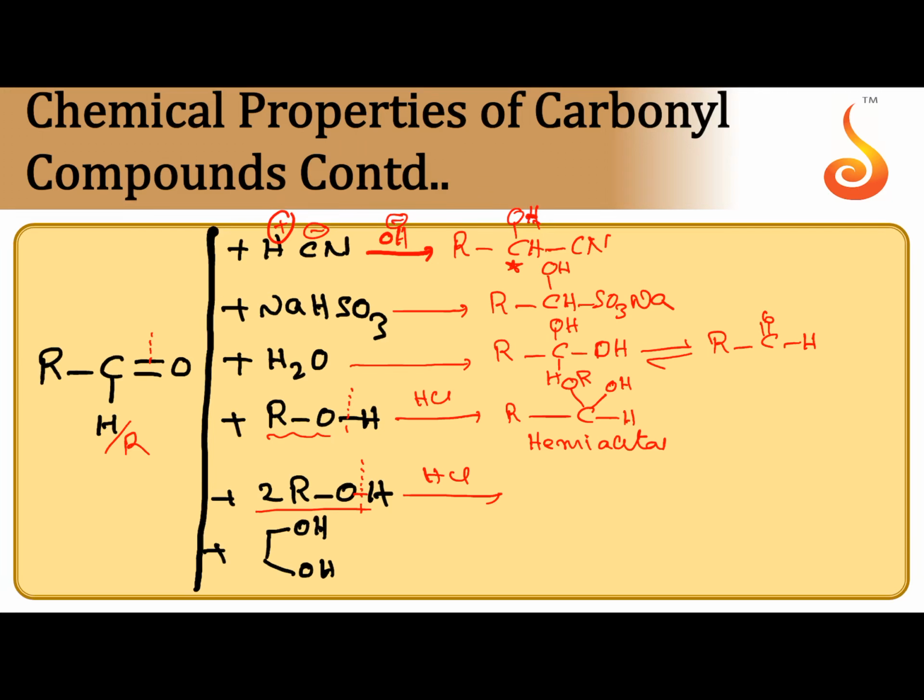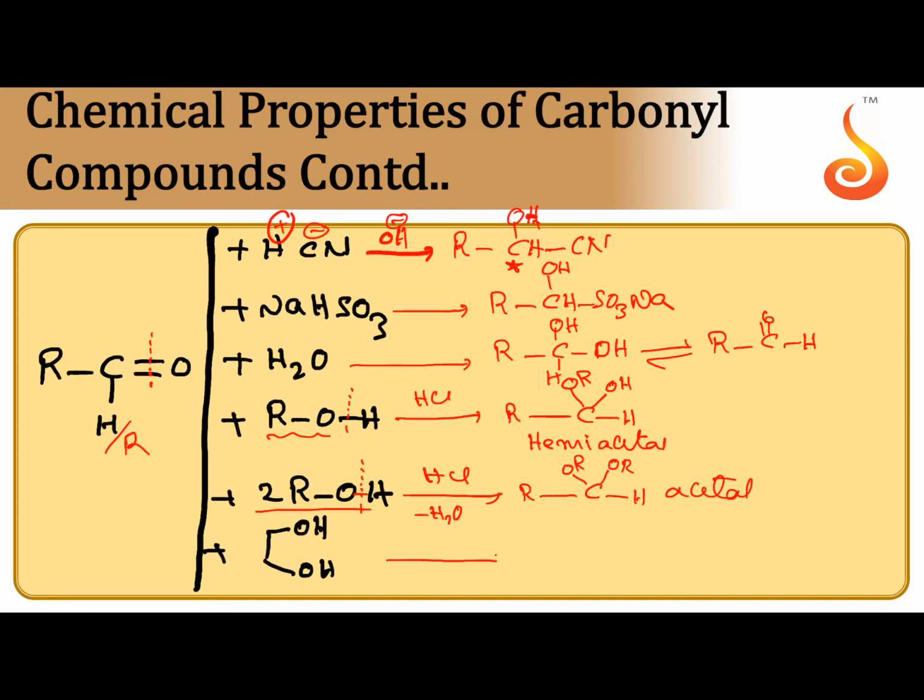2 hydrogens of the 2 alcohols and the oxygen are both removed in the form of H2O. So on the same carbon, 2 alkoxy groups are attached. This is gem dialkoxy. On the same carbon, if 2 alkoxy groups are there, we can take it as gem dialkoxy alkane. This is called acetal. If it is obtained from a ketone, it is called ketal.